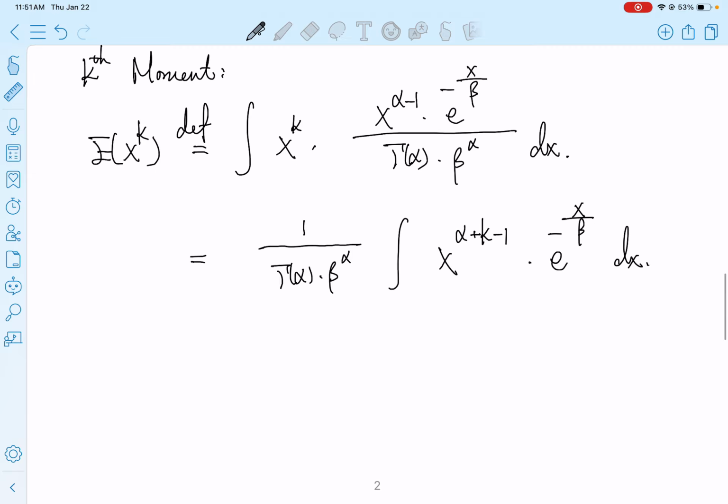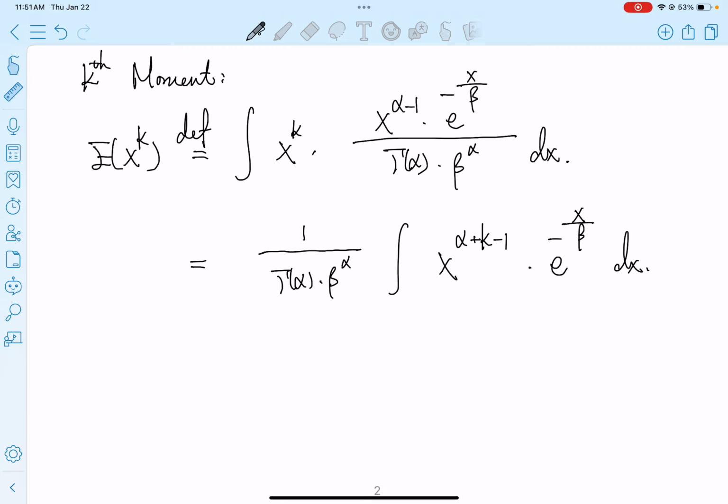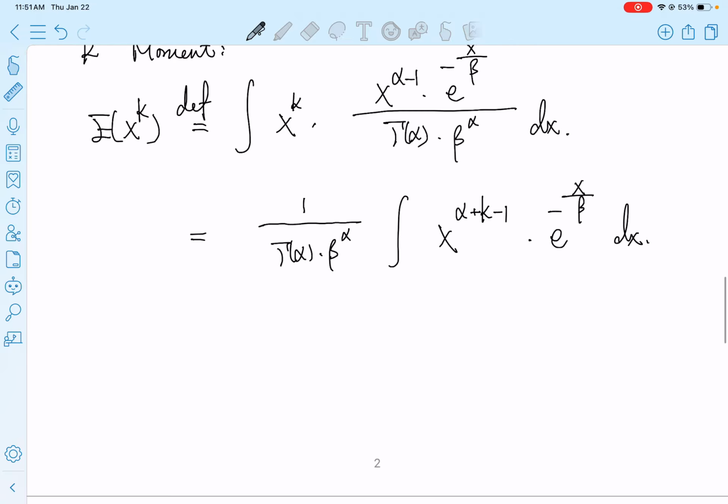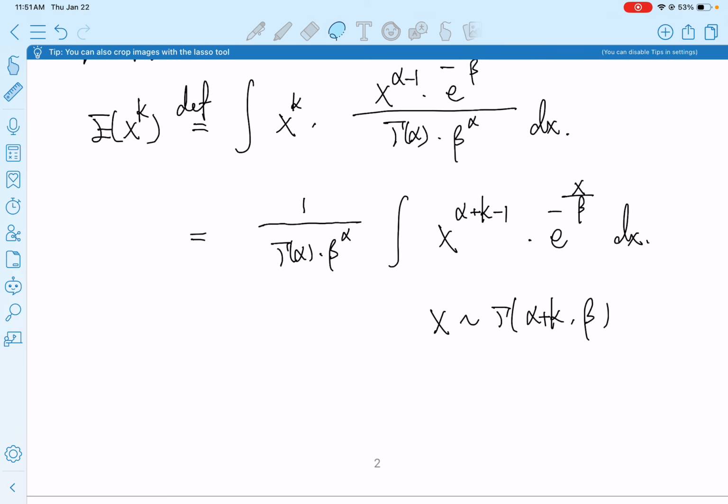Now you can see that the integrand looks like the kernel function for a random variable x following a gamma distribution with alpha plus k and beta.